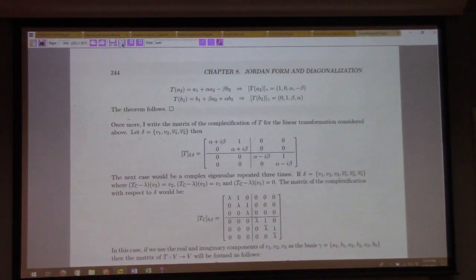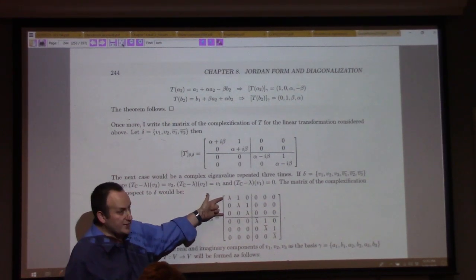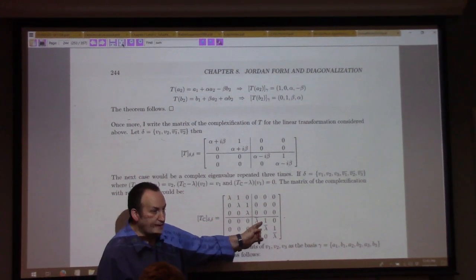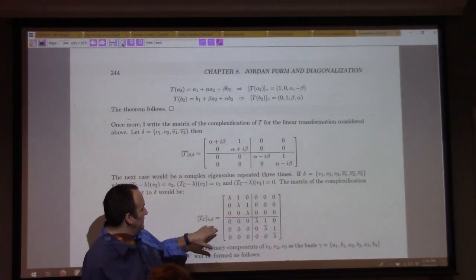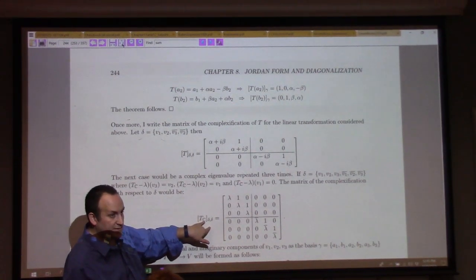It's not especially exciting. If you had a transformation on a 6-dimensional space and the complexification only had one complex eigenvalue, 3-peated, then there would be 3 conjugate pairs, and this would be the complex Jordan form, J3 lambda, direct sum J3 lambda bar. This would be the matrix of the complexification with respect to the natural Jordan basis over there.